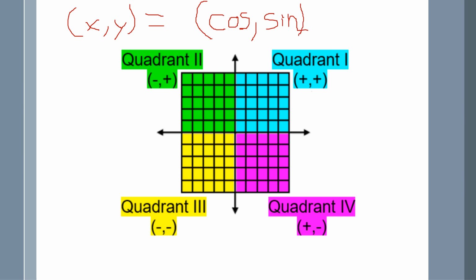So cosine is your x value and sine is your y value. This is very critical. Without this particular piece, it is going to be next to impossible to get situated.